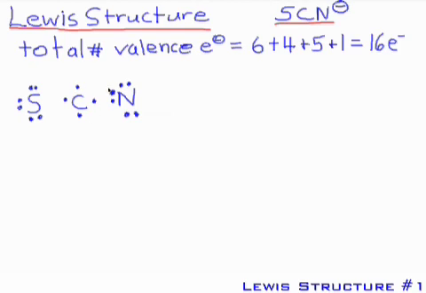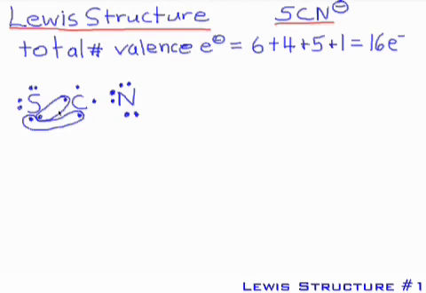Now we start sharing electrons till we get 8 electrons around every atom. Okay, so we can do this very nicely here. I can, for example, go with the sulfur and say I'm going to join those 2 electrons. Sulfur has 2, 4, 6, 7. I'm going to join these 2. Okay. 2, 4, 6, 8. Sulfur's happy.